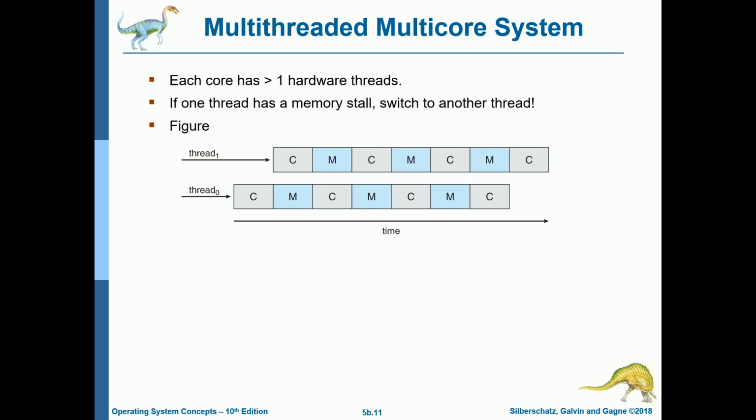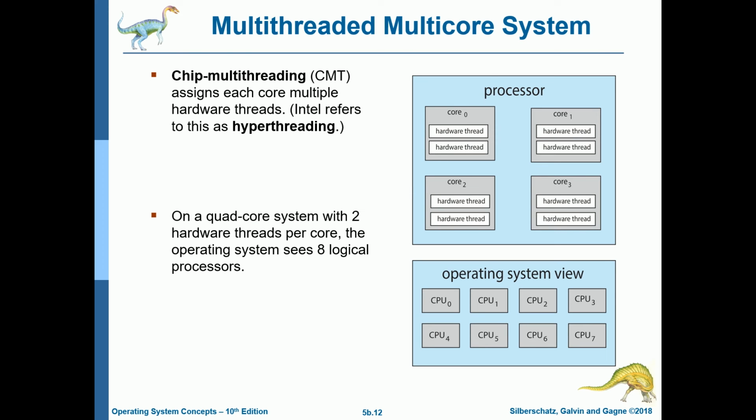That way, if one hardware thread stalls while waiting for memory, the core can switch to another thread, as we can see here. From an operating system perspective, each hardware thread maintains its architectural state, such as an instruction pointer and a register set, and thus appears as a logical CPU that is available to run software threads. This technique is known as chip multithreading, CMT.